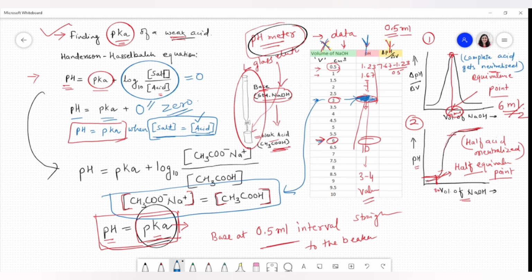We can write pH is equal to pKa. So now you have got your pKa. Which one? The pH is equal to pKa. That means this value, which is corresponding to the 3 ml of NaOH, is the half equivalence point, and this value of pH is nothing but the value of pKa. Isn't it interesting and easy?